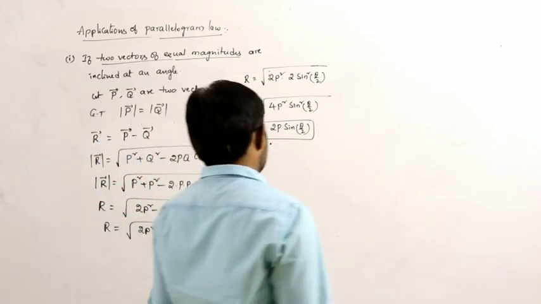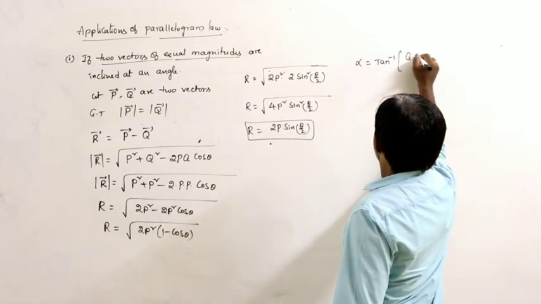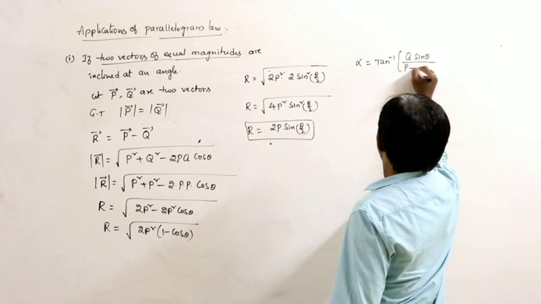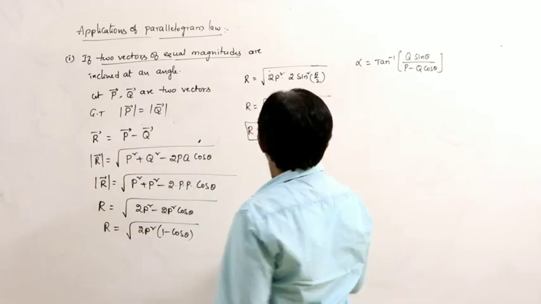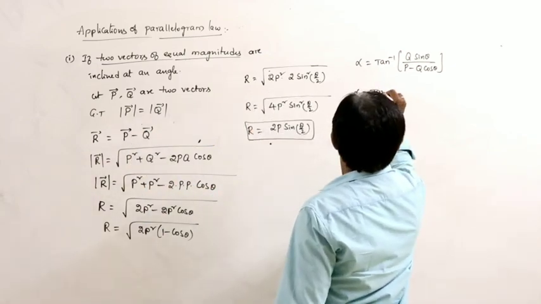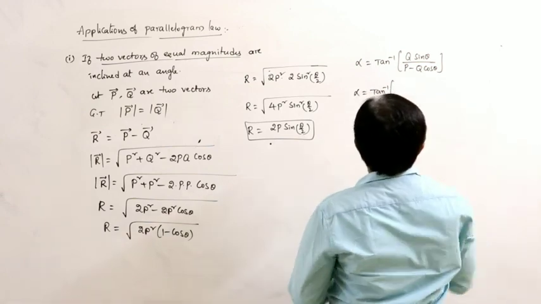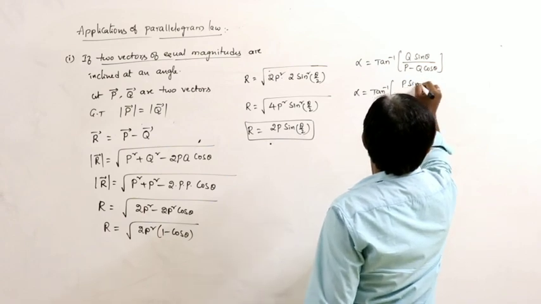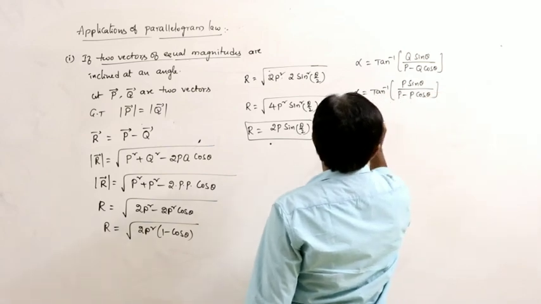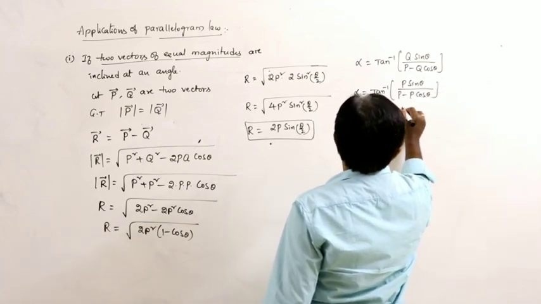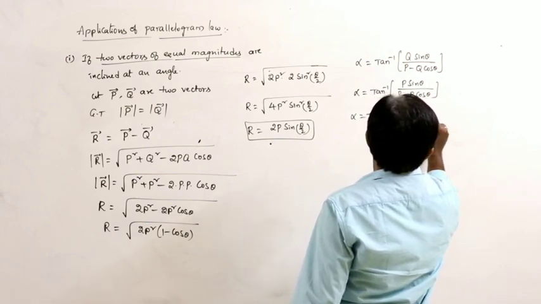Next, come to the direction. Alpha is equal to tan inverse of q sin theta divided by p minus q cos theta, because it is p bar minus q bar. Then alpha is equal to tan inverse, where q is nothing but p only, p sin theta divided by p minus p cos theta. So alpha is equal to tan inverse of p sin theta divided by p common 1 minus cos theta.